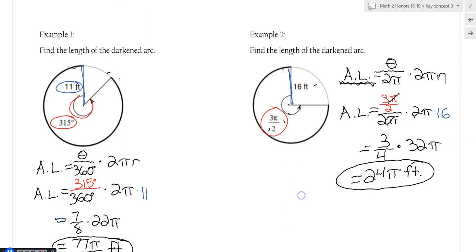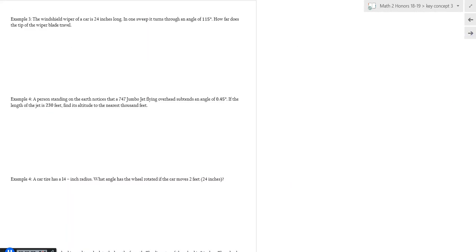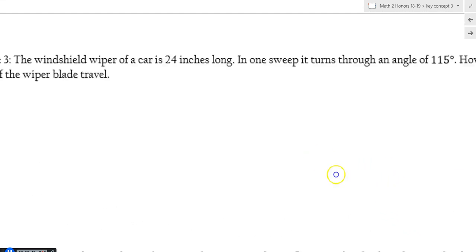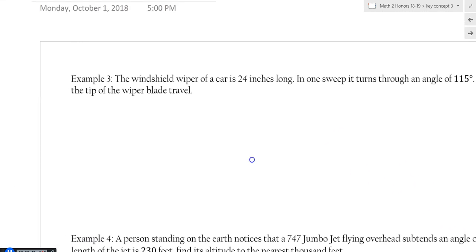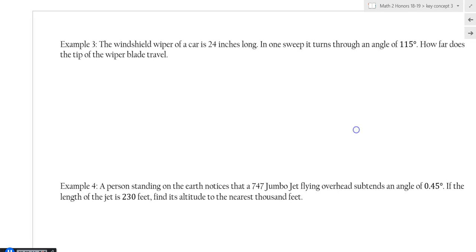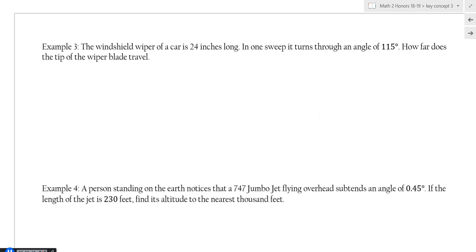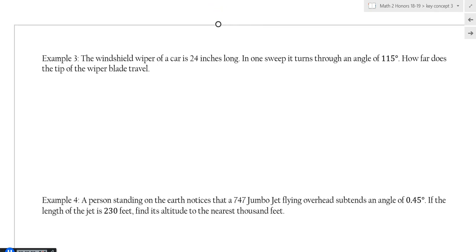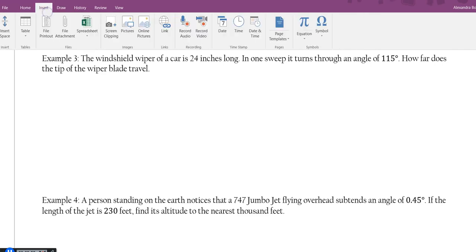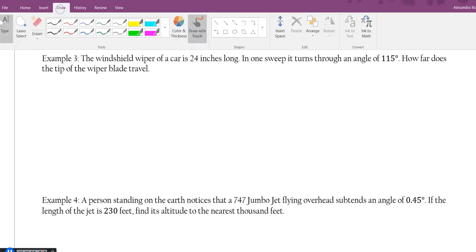All right, go ahead, turn the page. The next thing we're going to look at is some word problems. Example 3 says the windshield wiper of a car is 24 inches long. In one sweep, it turns through an angle of 115 degrees. How far does the tip of the wiper blade travel?